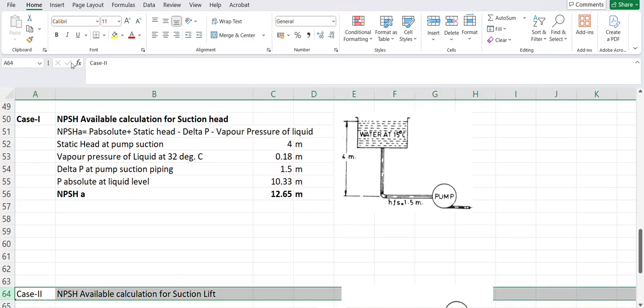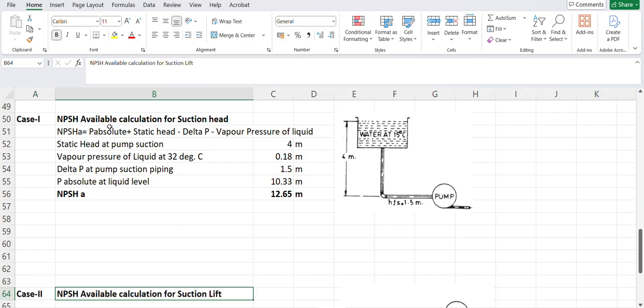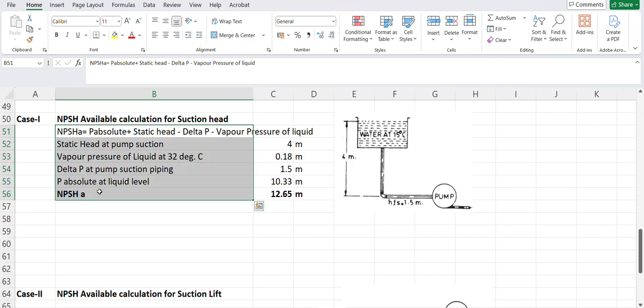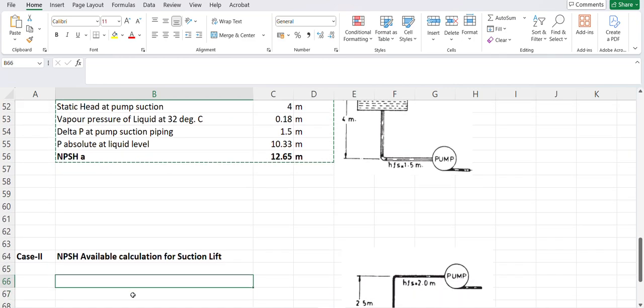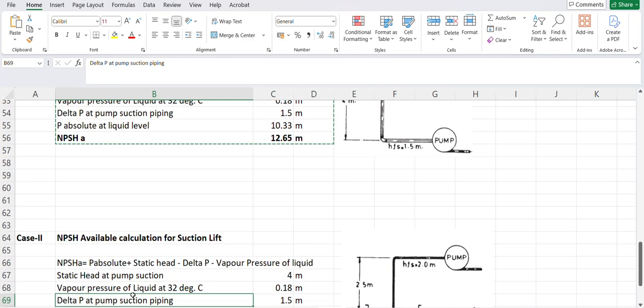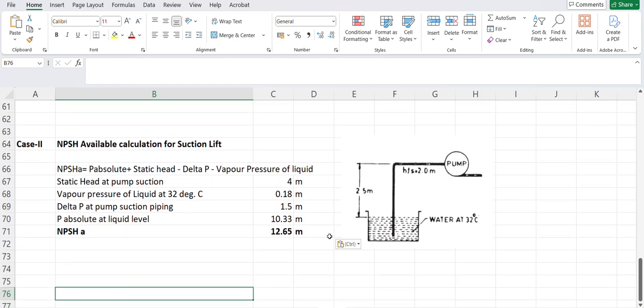Okay, so in case 2 I have already taken one example snapshot here, so you can get the idea. This is the tank which is below the pump suction line.